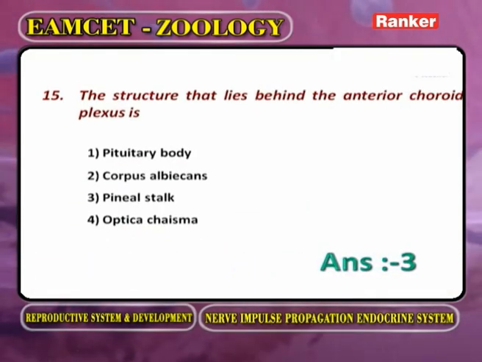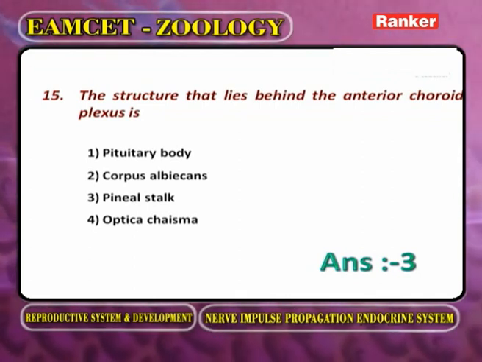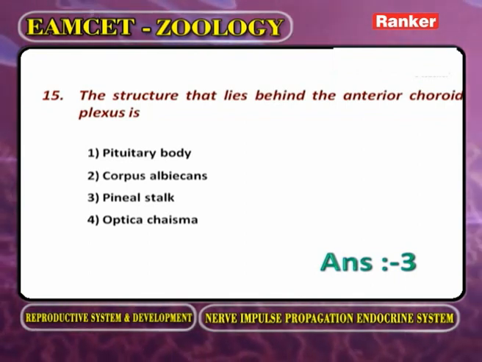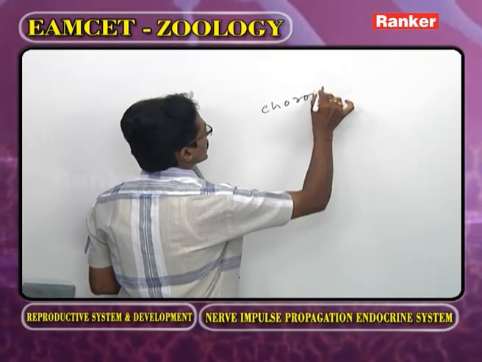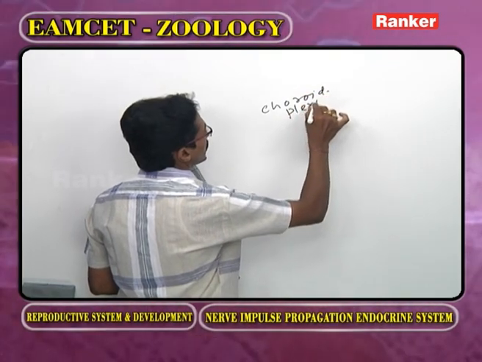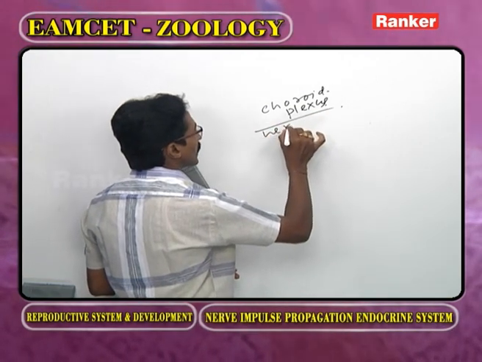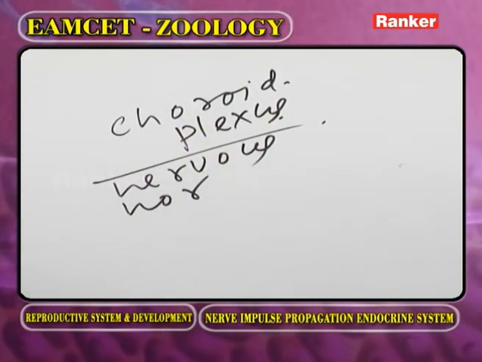The structure that lies behind the anterior choroid plexus. Now here, what is meant by choroid plexus? That means it is non-nervous.